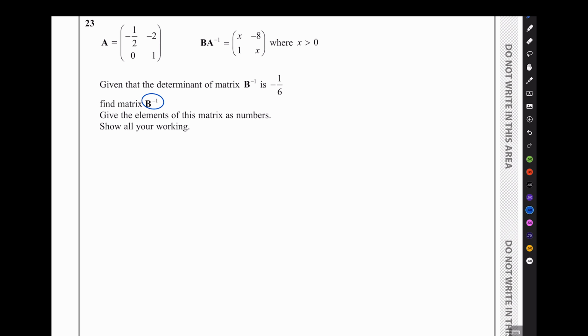Let me just write the original equation that we are given. So B A inverse is equal to, let me just label this entire thing as M. My target is the inverse of B. How do I find the inverse of B?